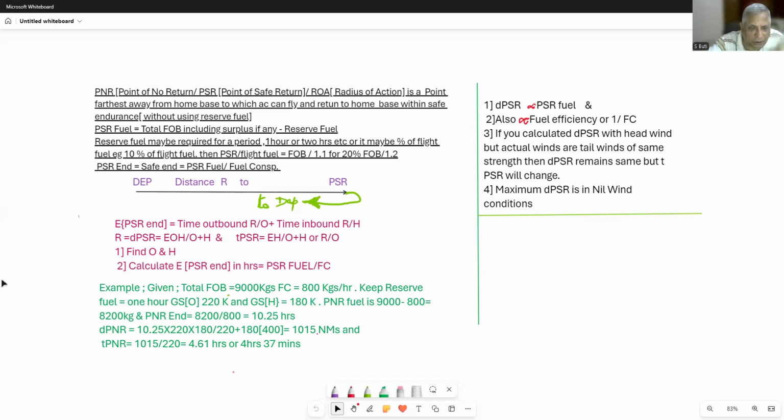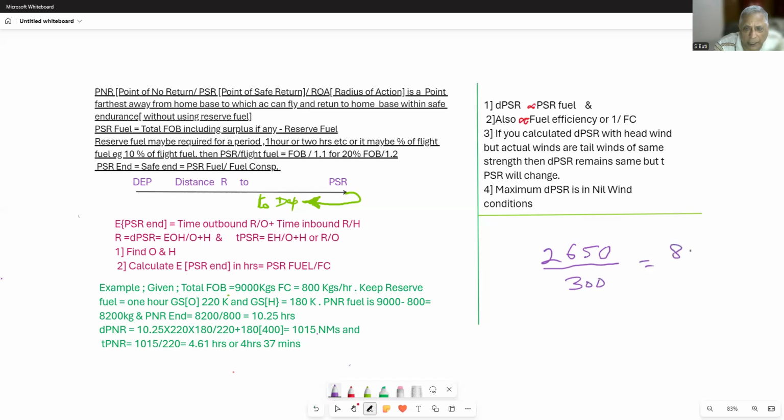So in case you calculate that your PSR fuel available is 2,650 gallons, and the consumption is 300 gallons per hour.